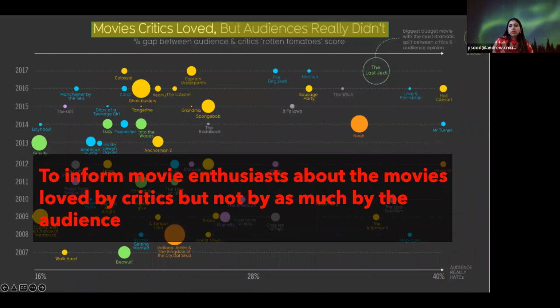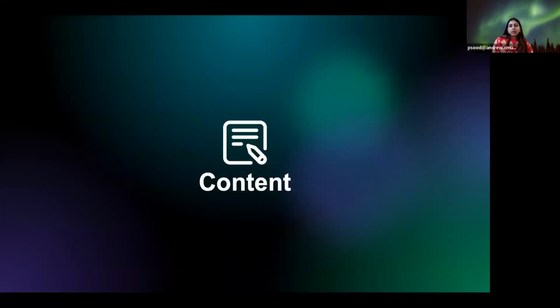As we see on the right, the movies with the highest difference between the critic rating and the audience rating are depicted on the right. So basically the movies on the right are kind of underrated, because they are heavily acclaimed by the critics, but not so much by the audience. So that's what the scale represents.